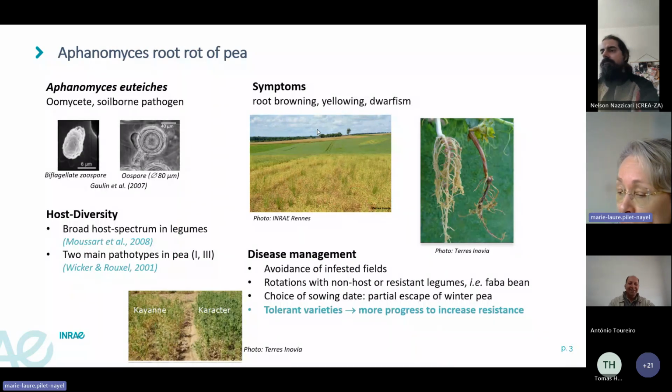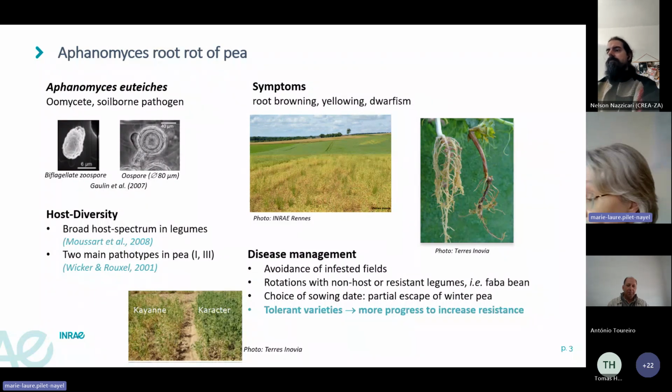Aphanomyces root rot is caused by a soil-borne oomycete pathogen, Aphanomyces euteiches, whose oospores, resulting from sexual reproduction, produce flagellate zoospores, which are the infectious unit of the pathogen.